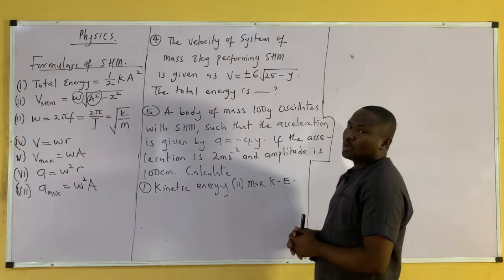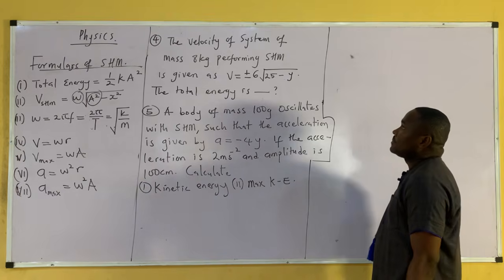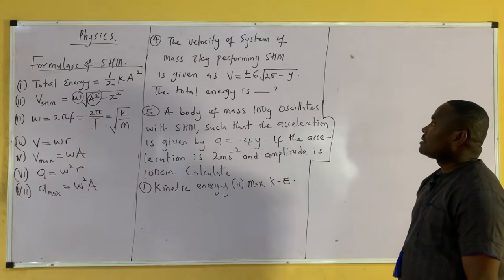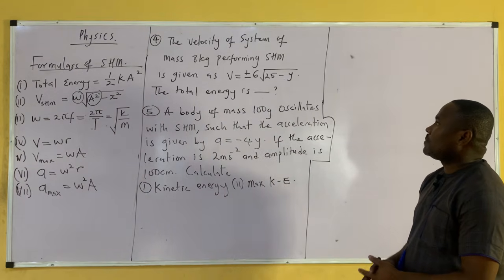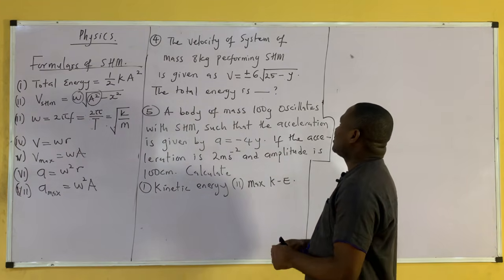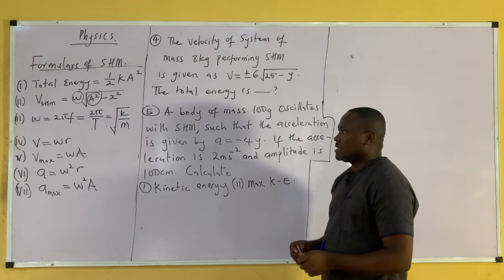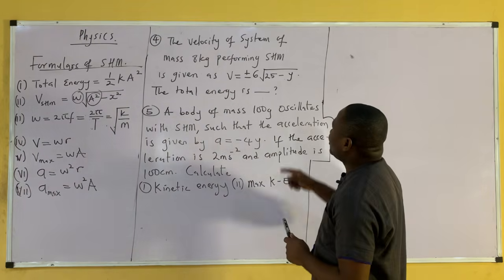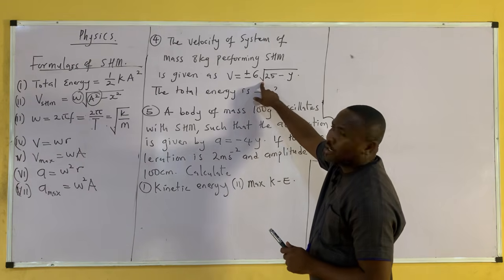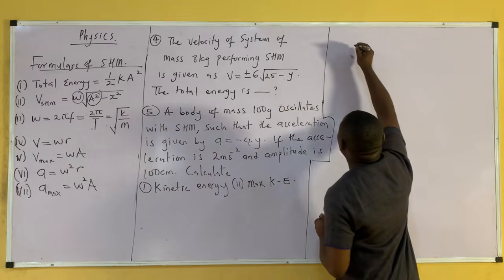Now, let's see an additional question. Question number 4. The velocity of a system of mass 8 kg performing SHM is given as V equals plus or minus 6 square root of 25 minus y squared. The total energy is dash. Now you see this formula given to us can be compared.